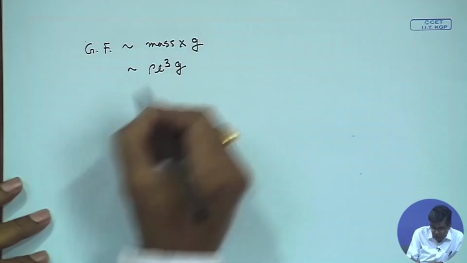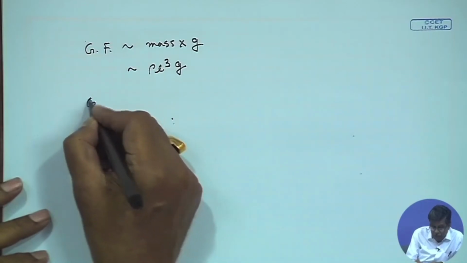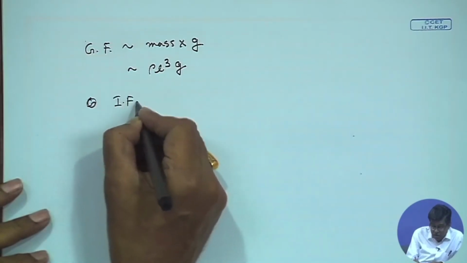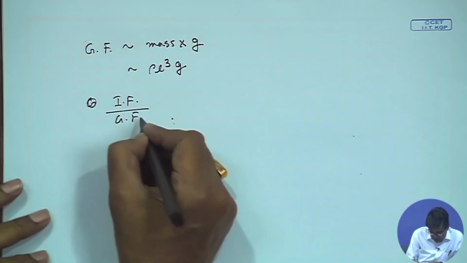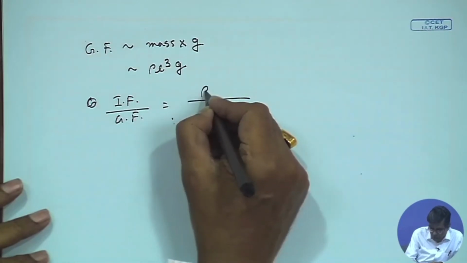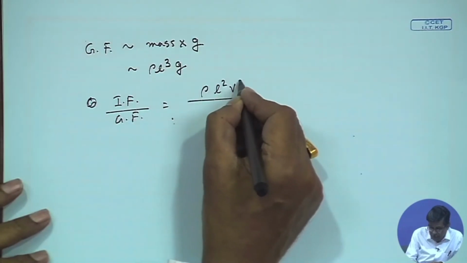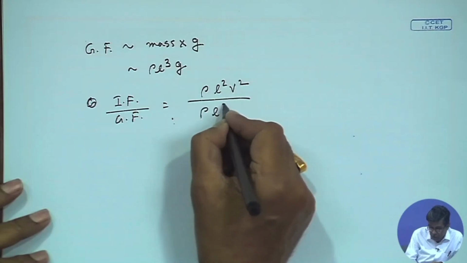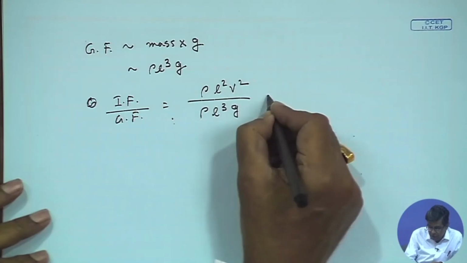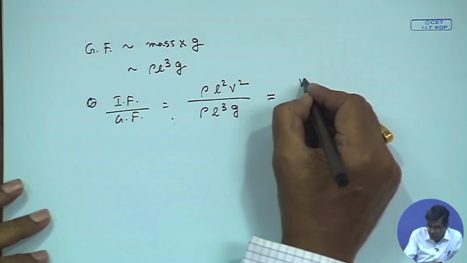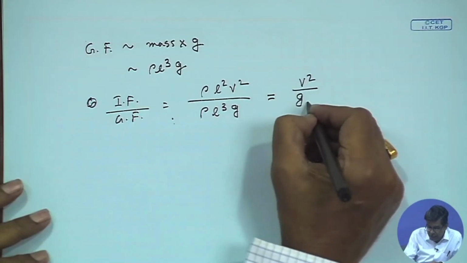So the ratio of inertia force to gravity force will be rho L square V square divided by rho L cube g. So that becomes equal to V square by g L.